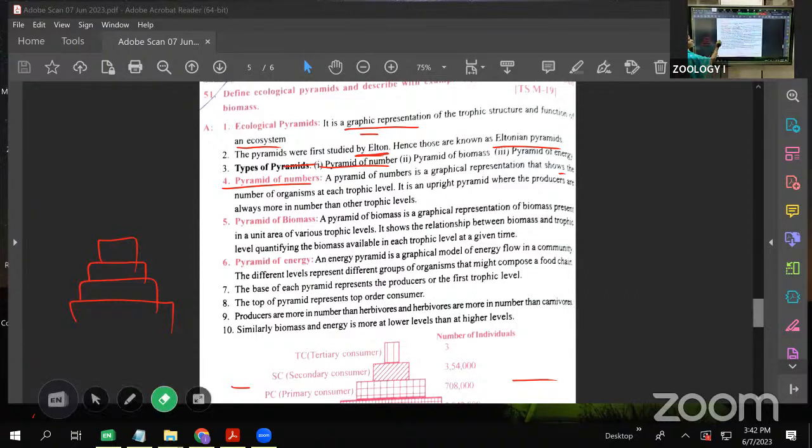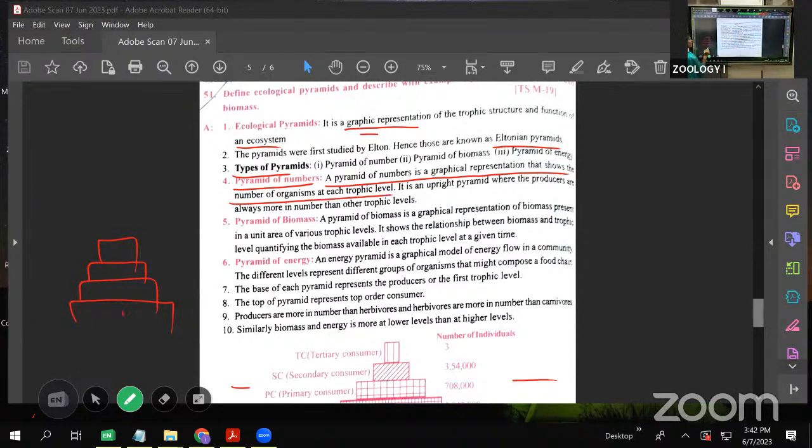Now, the types of pyramids. The first one is the pyramid of numbers. A pyramid of numbers is a graphical representation that shows the number of organisms in each trophic level.